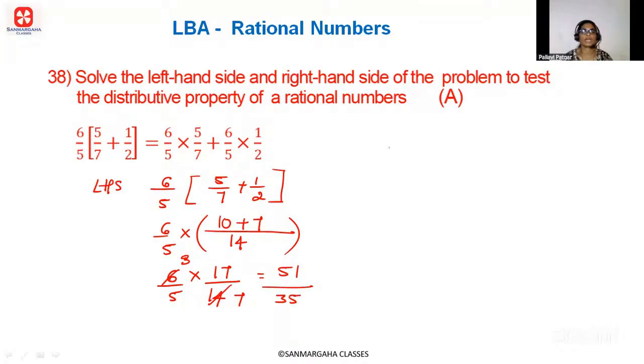So right hand side, so RHS: 6 by 5 into 5 by 7 plus 6 by 5 into 1 by 2.